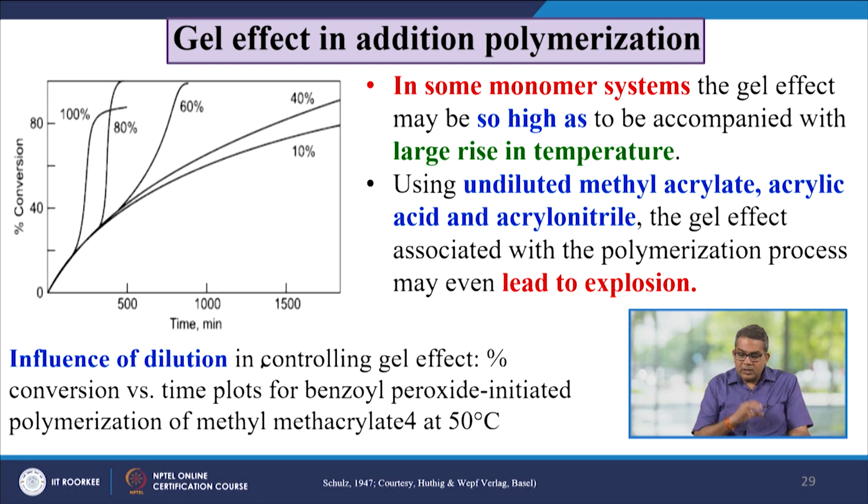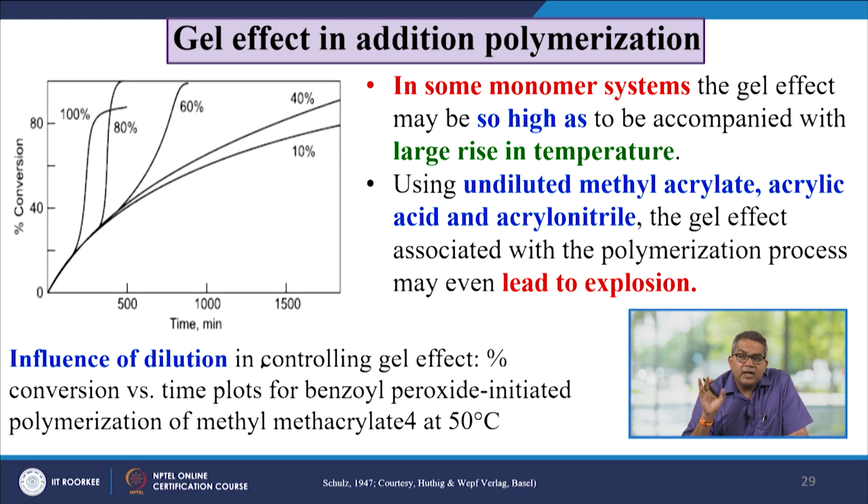In some monomer systems, the gel effect may be so high as to be accompanied by a large rise in temperature. So, using undiluted methyl acrylate, acrylic acid or acrylonitrile, the gel effect associated with the polymerization process may even lead to explosion. Various accidents have occurred in the past just because of this gelation.